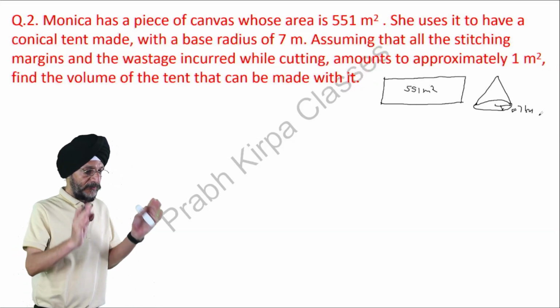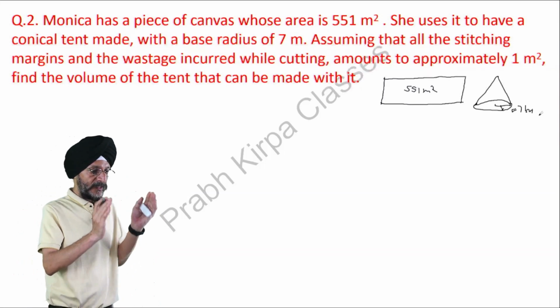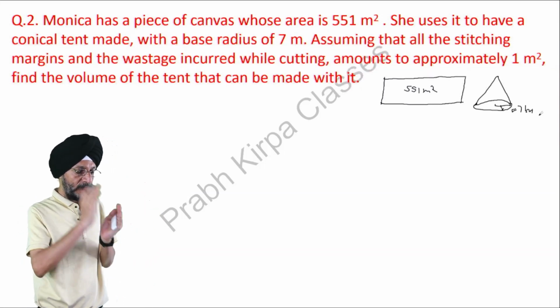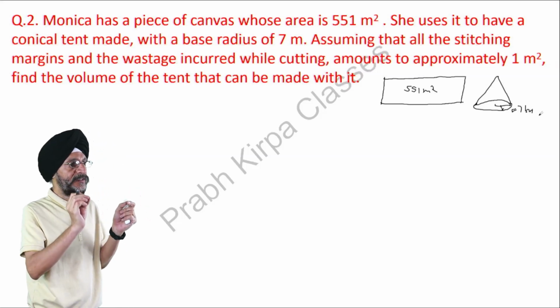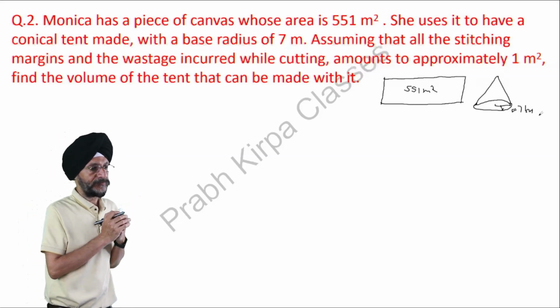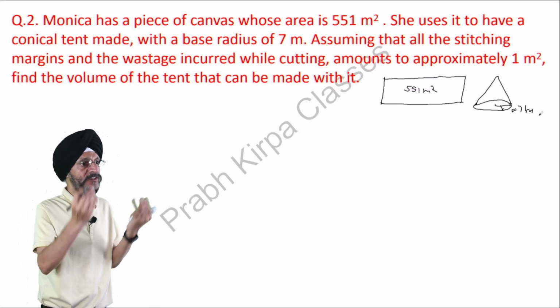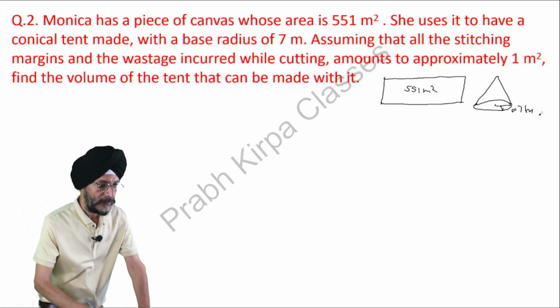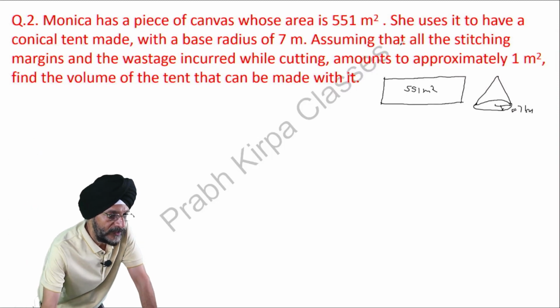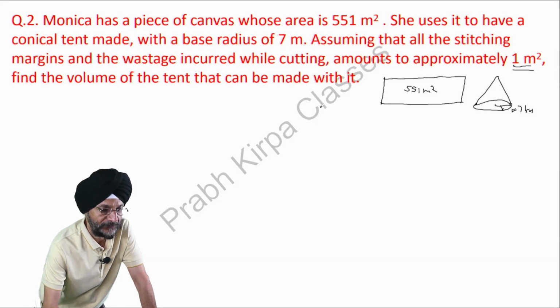So when we are using a piece of canvas for making the conical tent, some of the canvas will be wasted towards stitching or wastage. Here the wastage or the stitching margins have been given as 1 square meter.